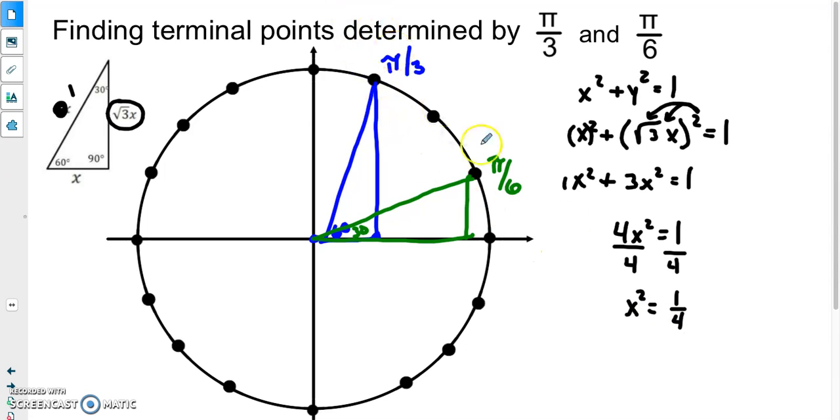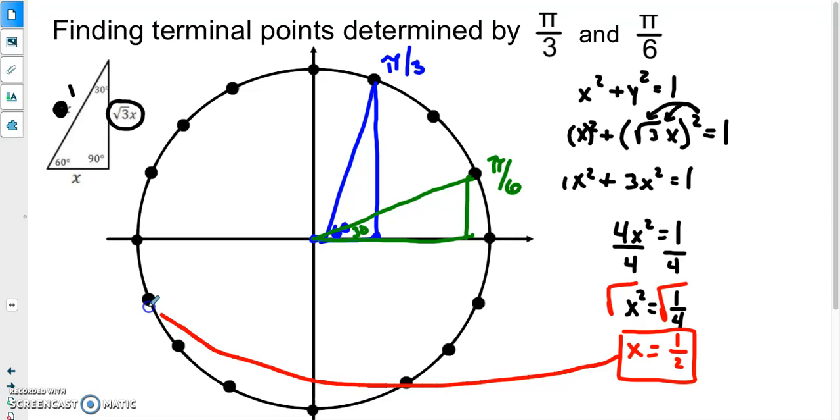The taking of the square root is much neater here because there's a square root of 1 and a square root of 4. Square root of 1 is 1, square root of 4 is 2. So x equals 1/2. Now, when I substitute this back in, the points are not the same. Well, x is 1/2.